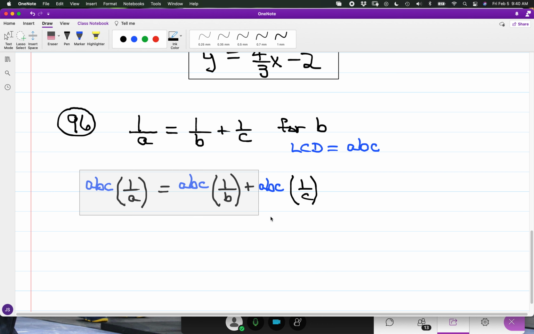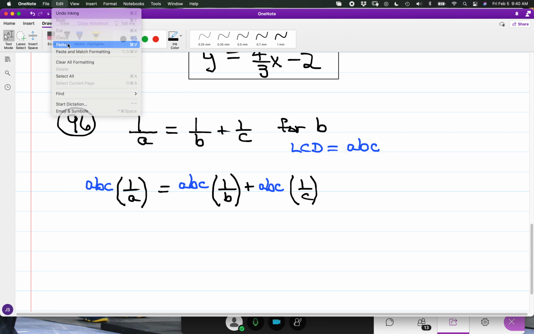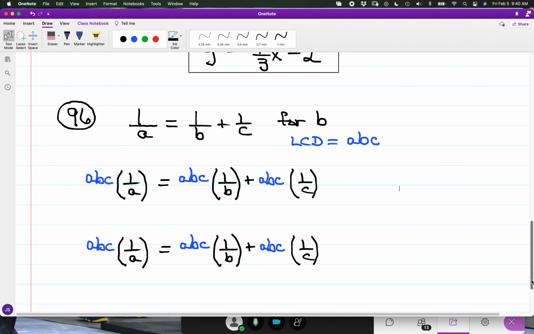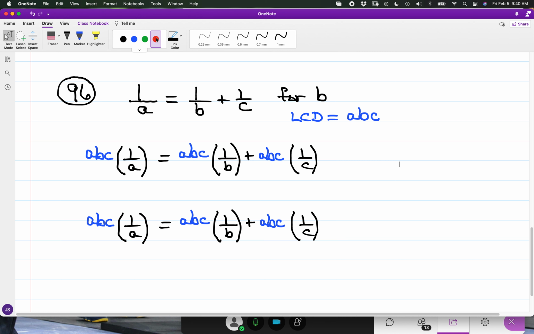I'm going to repeat this just to show the cancellation process. For ABC times 1 over A, we could look at this through cross multiplying, so you have ABC divided by A, so the A's cancel.